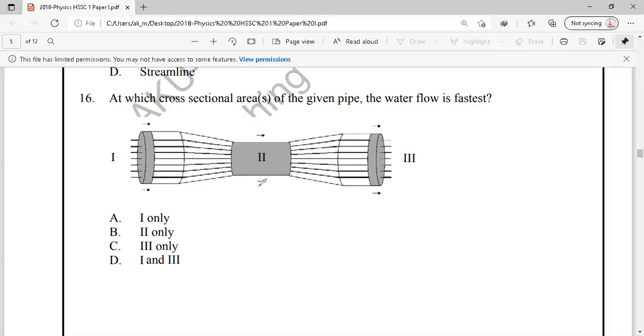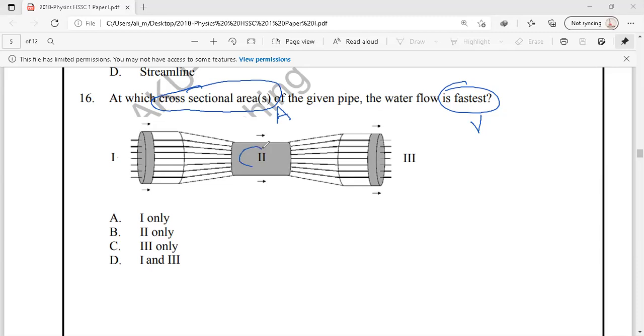Then we have question number 16. At which cross sectional area of the given pipe is the water flow fastest? So we have the relation between the cross sectional area and the velocity, and this relation is known as the equation of continuity, that states that the lesser the area, the greater the velocity of the particles or the fluids passing through that area.